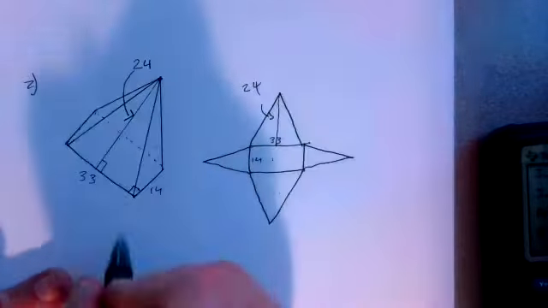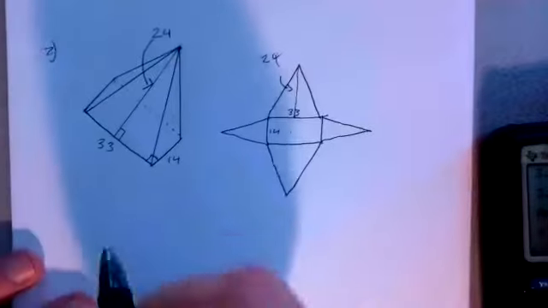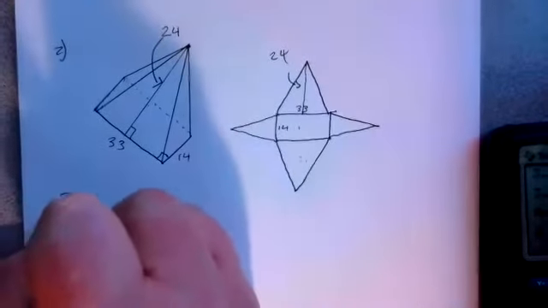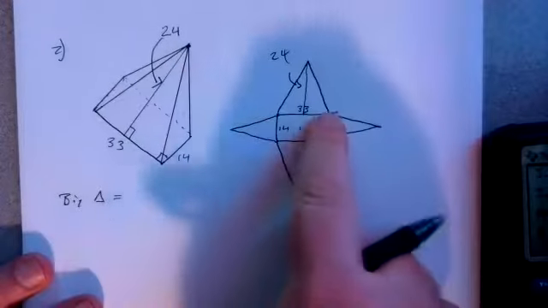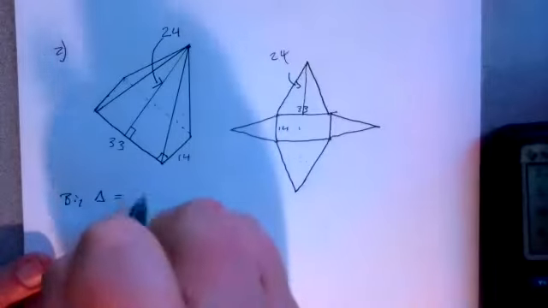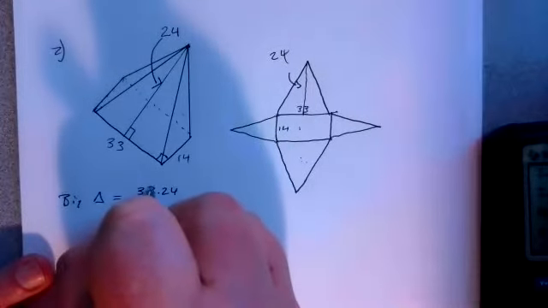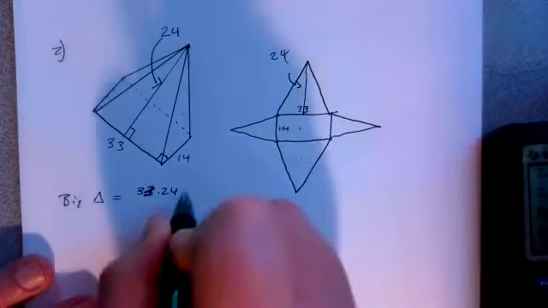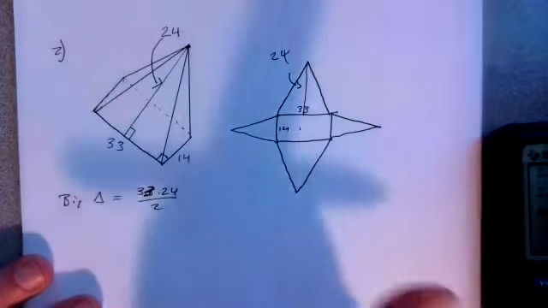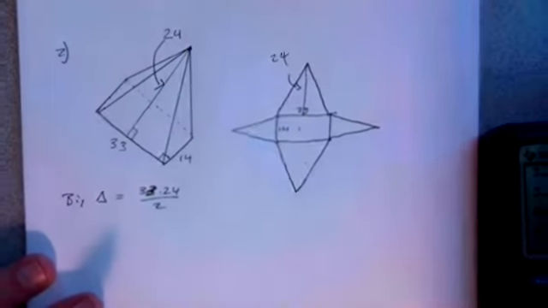Let's call this the big triangle. For the big triangle, our base is 33, our height is 24, so we get 33 times 24 divided by 2. That will give me one big triangle.